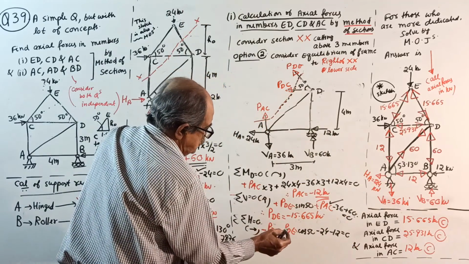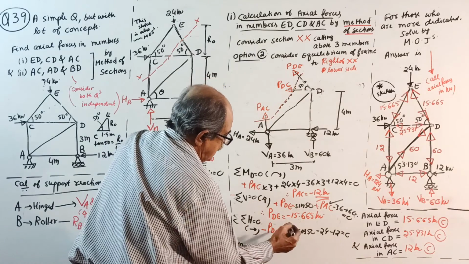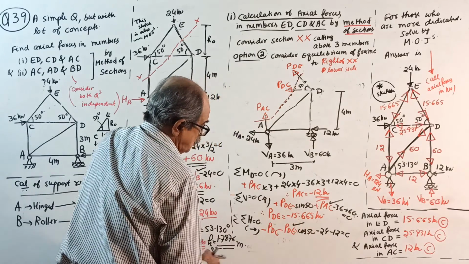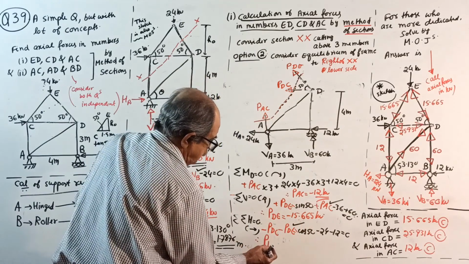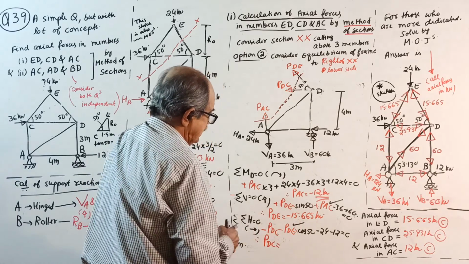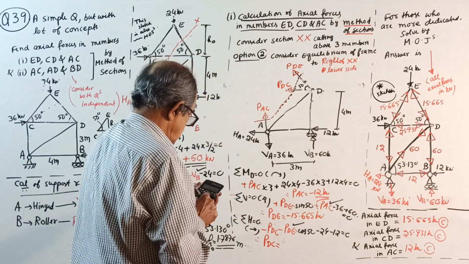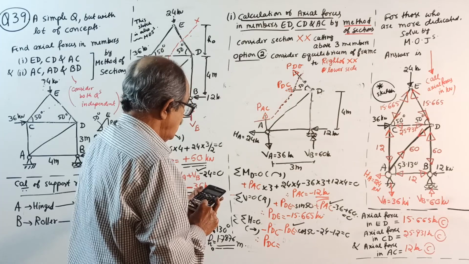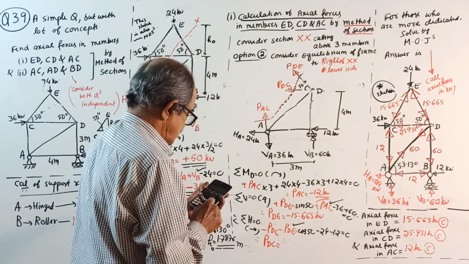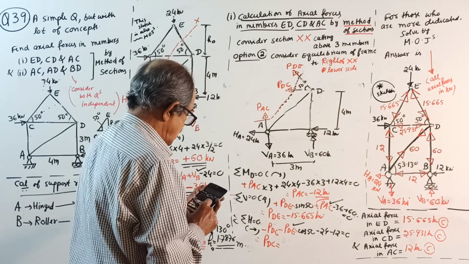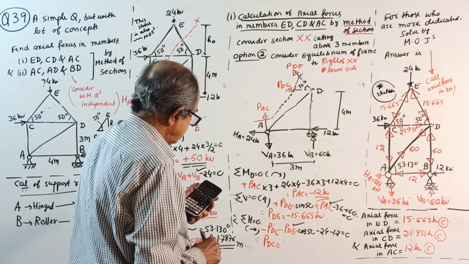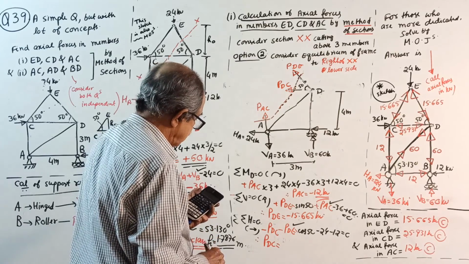By this time, you know the value of PDE. See, black right means known. Therefore, get the value of PDC. Whatever answer you got there, into cos 50, minus becomes plus, minus 24, minus 12. It comes to minus 25.931.